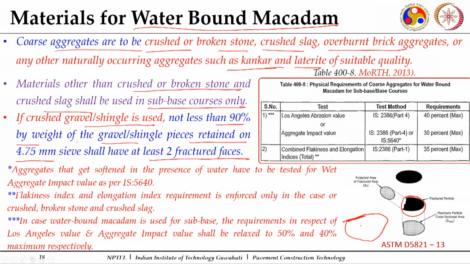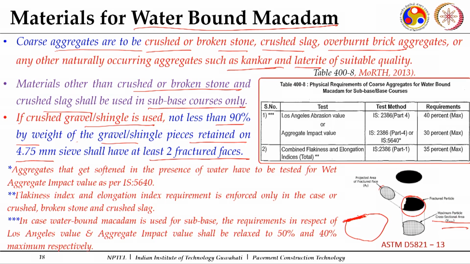The important aspect: any face which can be considered as a fractured face should have at least 1/4 of the projected area. The area of the fractured face should be 1/4 of its total projected area. So, the maximum particle cross sectional area, and the one with this fractured face, should be at least 1/4 of this total projected area.